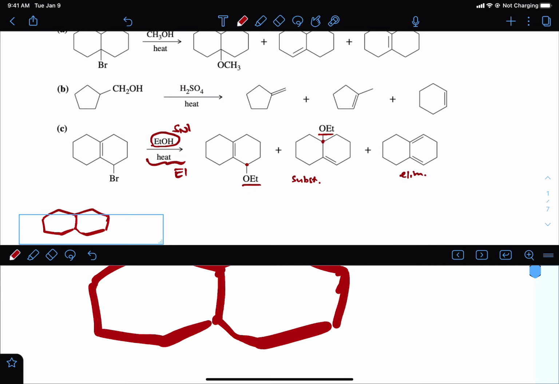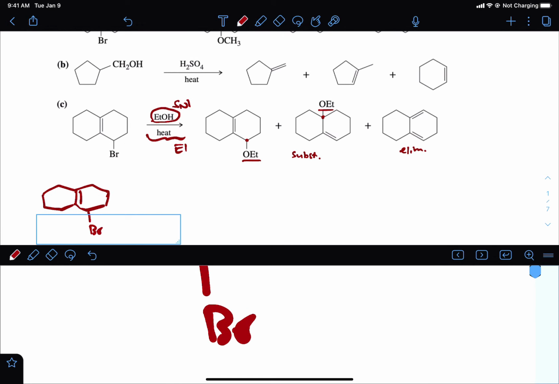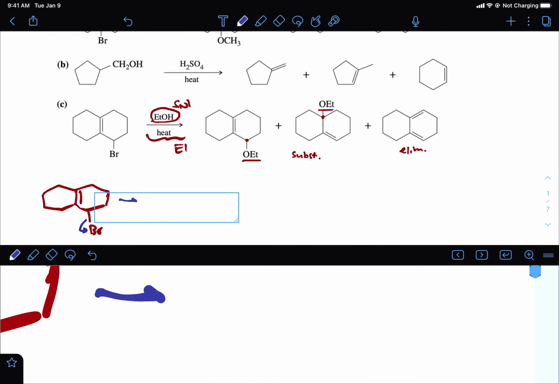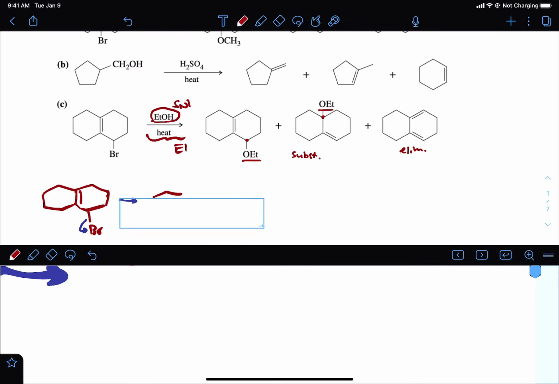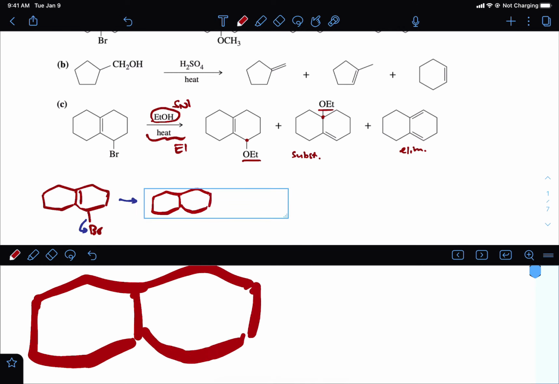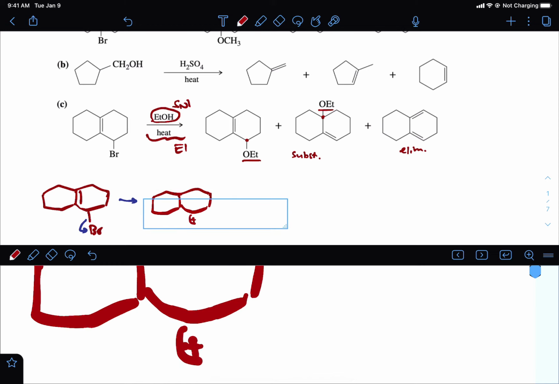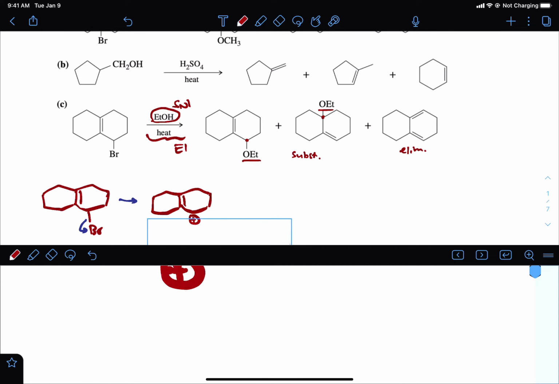Both of them, both E1 and SN1, involve the halogen leaving on its own. That gets us a cation with the double bond.